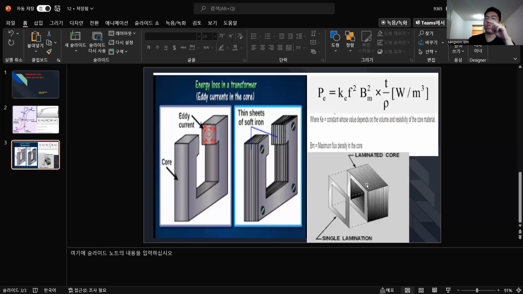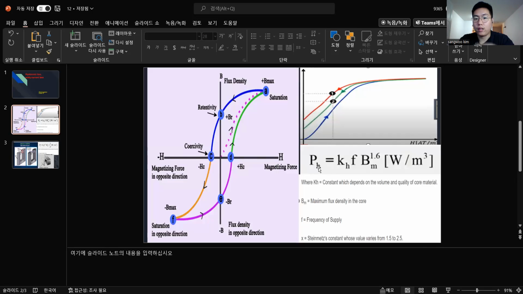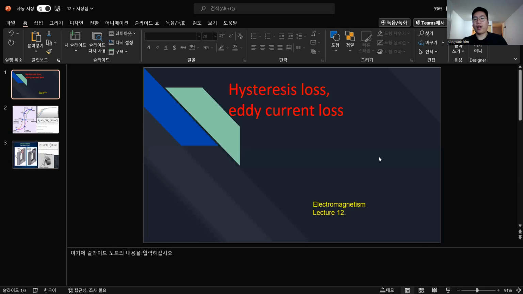Generally we use Si, we add silicon, right? That's it. Maybe next class I will explain further about this. In this equation, look, the eddy current is proportional to the frequency squared. Instead, here, hysteresis is just proportional to the frequency. Okay, I'll explain more about it. Yeah, today's lecture is done, guys. Have a good day.